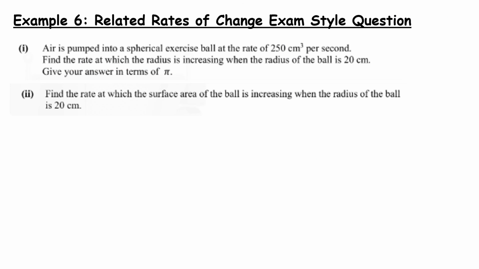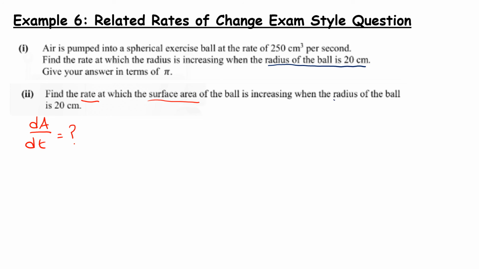So part 2 of this same question says find the rate, okay, d something dt, at which the surface area of the ball is increasing. So we want dA/dt, where A is surface area, when the radius of the ball is 20. So it's the same measurement that we've been given: radius of the ball is 20.